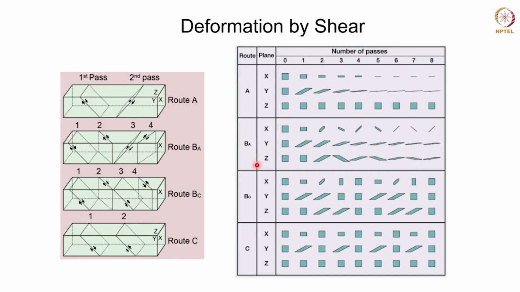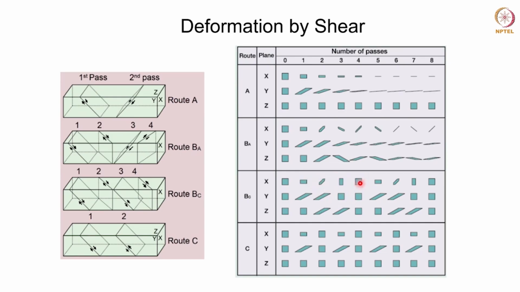In route BC, on the other hand, it is rotation in the same direction by 90 degrees between passes, right? So here first it is deformed, and then it is rotated 90 degrees, another 90 degrees, and then another 90 degrees.